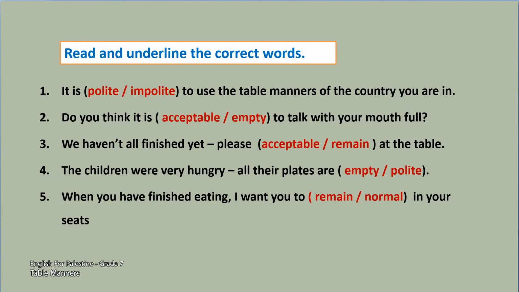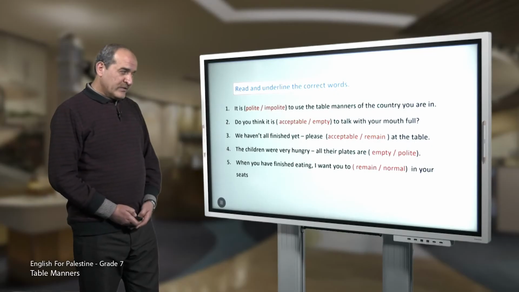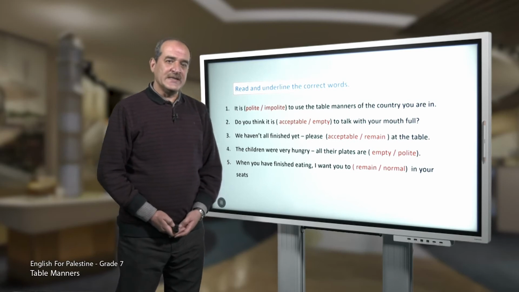Good. All their plates are empty. Why? Because they were hungry and they ate the food. 5. When you have finished eating, I want you to remain in your seat or normal in your seat. Good. Remain in your seat.